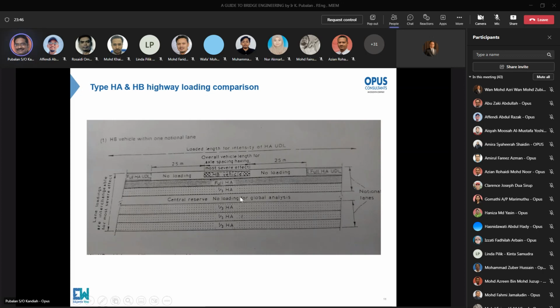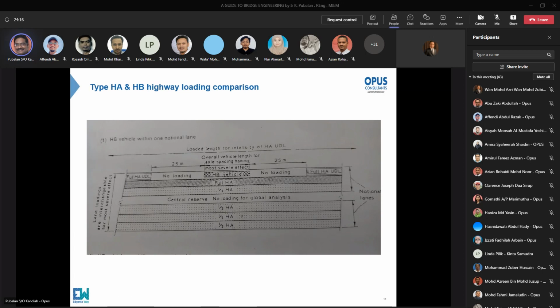And even then, the most economical type is you allow HB in one lane and the lane beside it allow for full HA, or you straddle. This HB will be on two lanes, straddling between these two lanes. And your lane number 3, you allow for 1/3 HA, and all the other lanes you just allow for 1/3 HA. You have already complied as per the BS standard, and the bridge design will be safe.